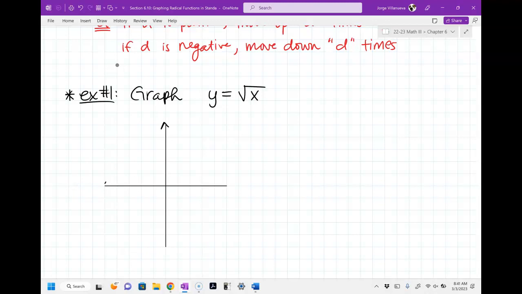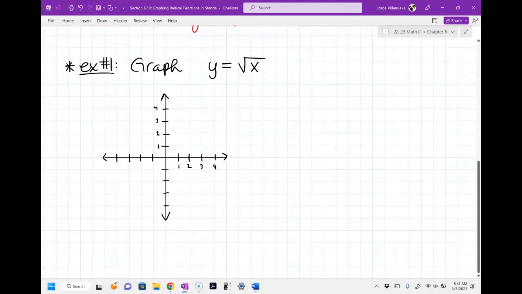You guys already have that on yours, so you don't have to worry about doing this. 1, 2, 3, 4. 1, 2, 3, 4. And from here, I'm only going to do the top on the right side, just to give you the scale idea. That way you know it's moving up by ones, to the right by ones.